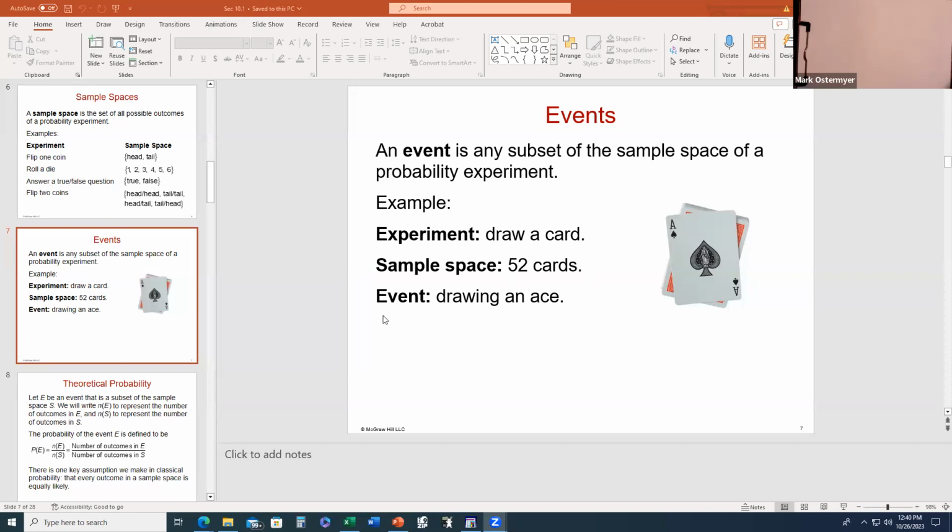We could define an event for such an experiment to be that we draw an ace, or maybe the event would be that we draw a face card, which would be a jack, a queen, or a king. Or maybe the event would be that we draw a spade, which would be the ace of spades, 2 of spades, 3, 4, 5, 6, 7, 8, 9, 10, jack, queen, king of spades. So events are subsets of the sample space.